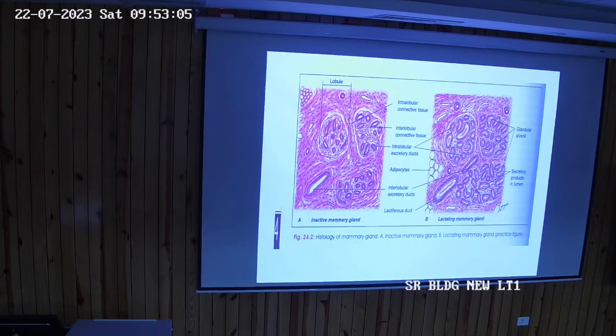That is why doctors advise that breast milk is very important for the baby, because this immunity is provided by the mother's milk, IgA. And this IgA is secreted by the plasma cells, and these plasma cells are present in the connective tissue mass.